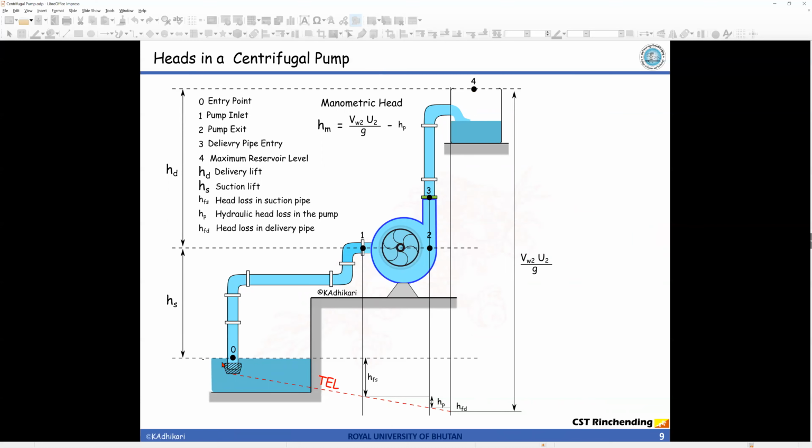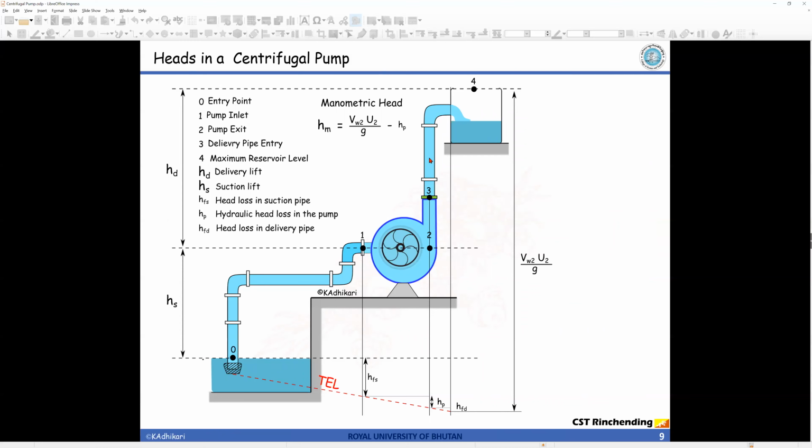From the sump to the pump the height is hs, which is also known as suction lift, and hd, from the pump to the point where you want to reach your liquid, is the delivery lift. Against this much height your pump must work to lift the liquid from here to here.